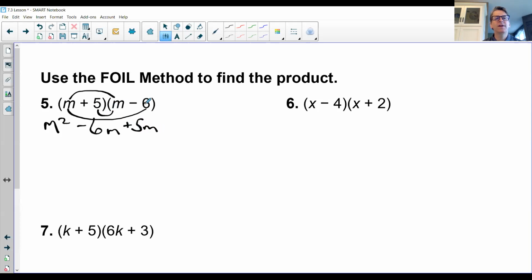And last is negative 6 times 5, or negative 30. So combining your like terms, you have M squared minus 1M. Remember, negative 6, and then you add 5, is negative 1M, minus 30.